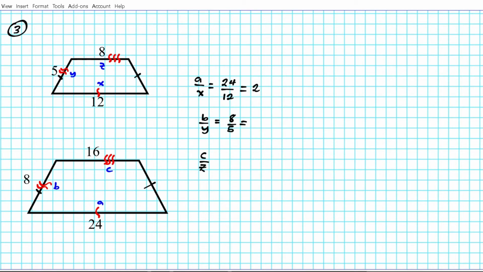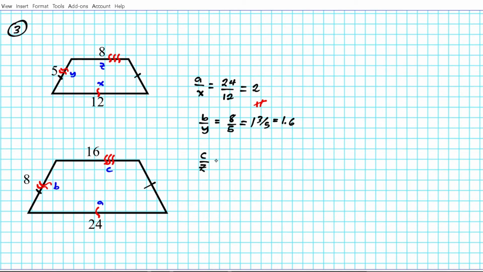If we write this as a mixed number, this is 1 and 3/5, or 1.6. We can clearly see that these two answers are not the same, so that automatically means they're not similar.